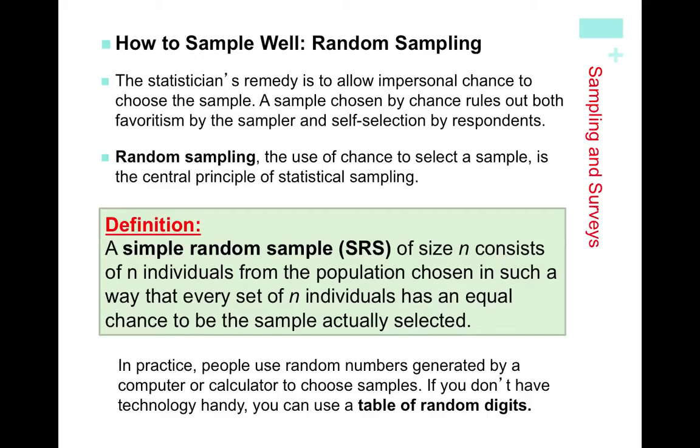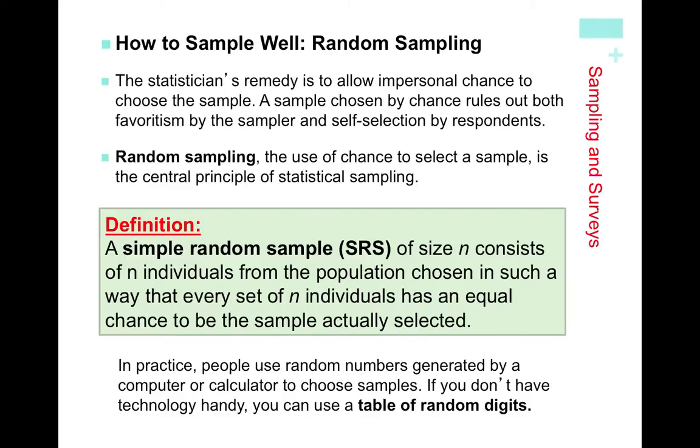Any 20 slips have the same chance as any other 20 to be chosen. Also, each slip has a 1 in 10 chance of being selected. So some other random sampling methods give each member of the population, but not each sample, an equal chance. So we're going to look at some of these in a little bit.